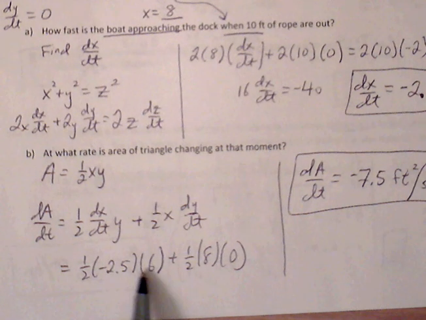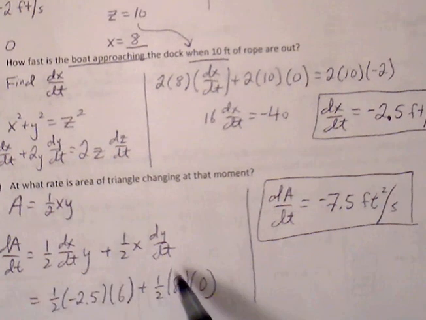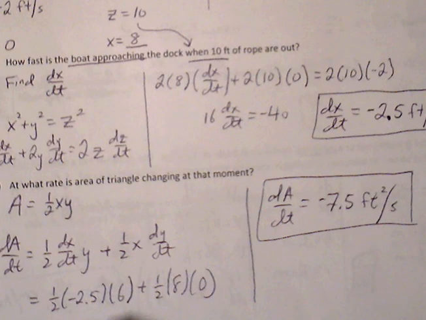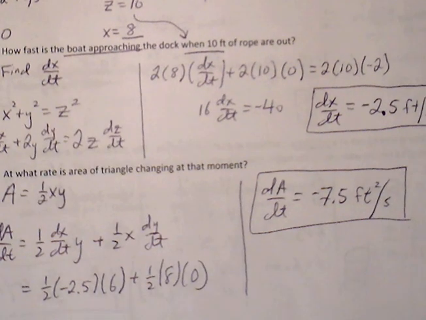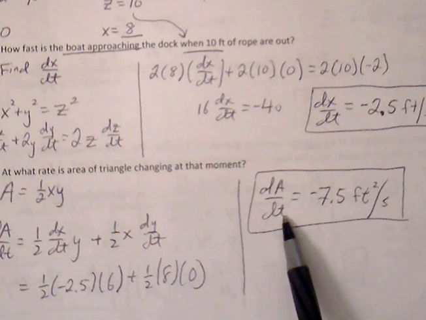Replace y with 6, dx/dt we just found, negative 2.5, x with 8, and dy/dt is 0. So all that cancels out, leaving us with just negative 7.5 square feet per second. Area is square feet, with respect to time, so per second.